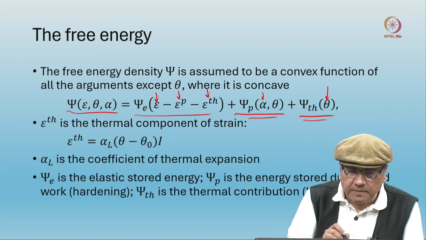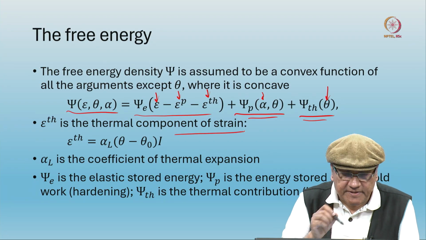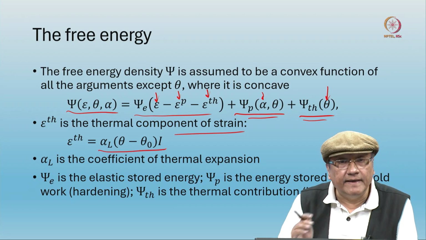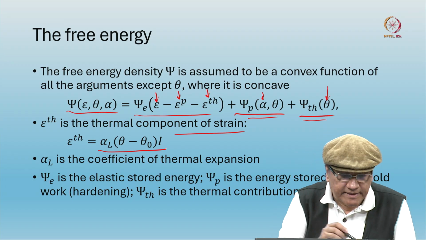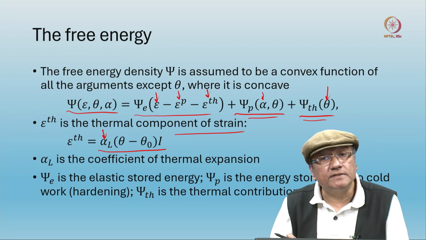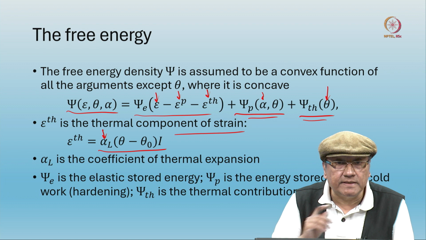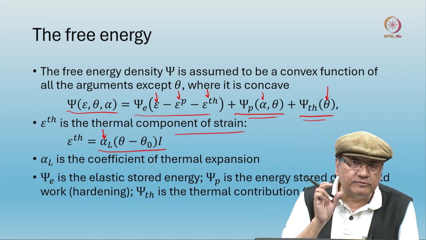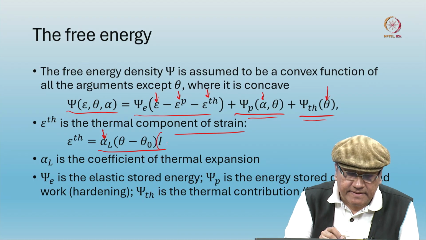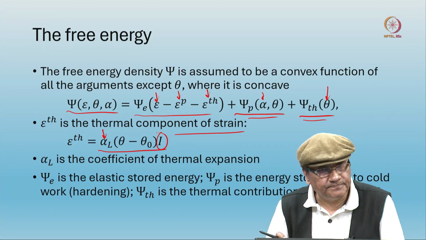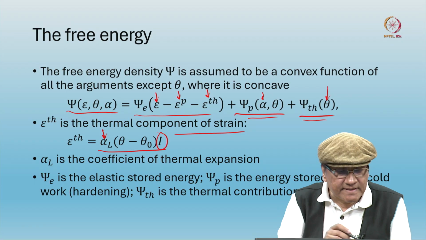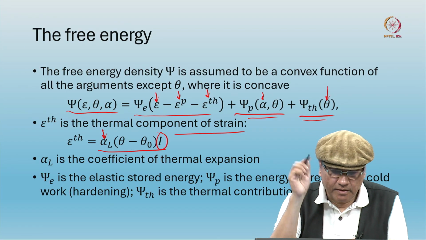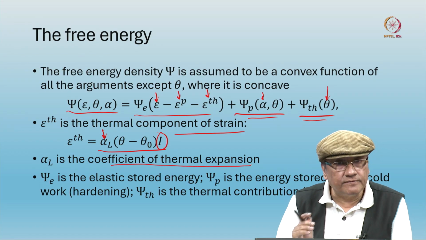So, the thermal part of the strain, epsilon theta, is given by alpha L, that is the coefficient of thermal expansion, times the temperature difference from a reference theta 0, theta minus theta 0 is the temperature difference, that is the actual value, times I, the identity tensor. So, that is the standard thermal part of the strain. Okay. So, alpha L is the coefficient of thermal expansion.